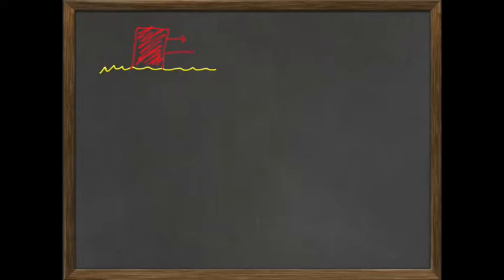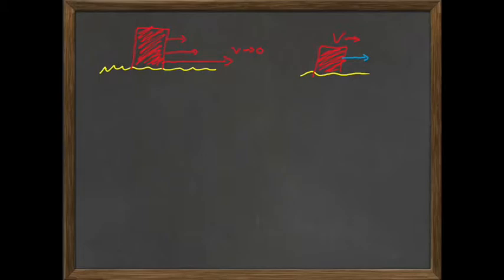Then I push with a little more force, still doesn't move, and then I finally push with a much greater force, and the object starts to move. Once the object is moving, I can now apply a smaller force to keep it moving.